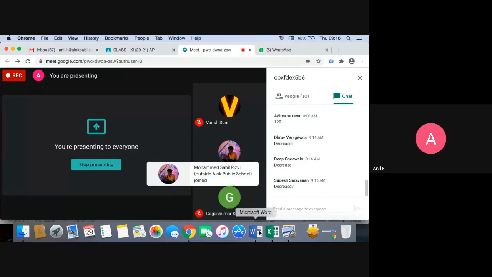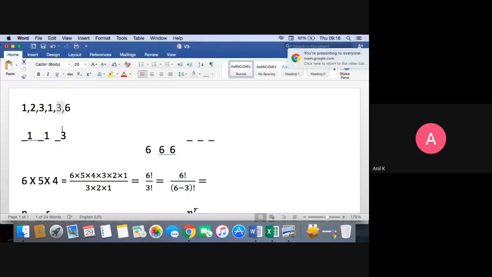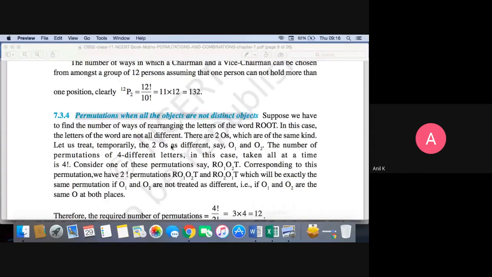Yes, it decreases. Why is it decreasing? If I have 1, 2, 3, 4, 5, 6, by interchanging the position of the digits, I get a different number. But with repetition, whether you take 113 or interchange, my number will remain 113 only. So some of the permutations will be repeated, and the total number of permutations automatically decreases. That is the concept of permutation when all the objects are not distinct.